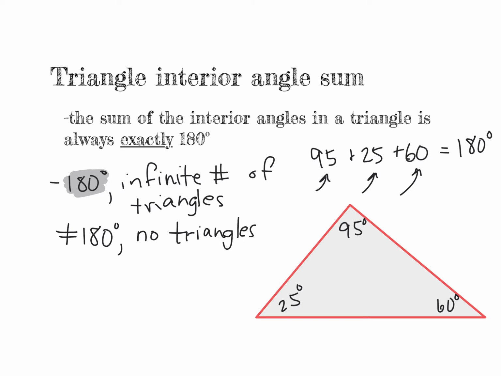If the angles don't add up to exactly 180 degrees, what ends up happening is that you actually won't create an effective polygon. You'd end up with an open figure, meaning all of the corners wouldn't match, or you'd have side lengths that overlap, which also does not fit the definition of a polygon. So if it doesn't equal 180 degrees, then you won't have a triangle at all.